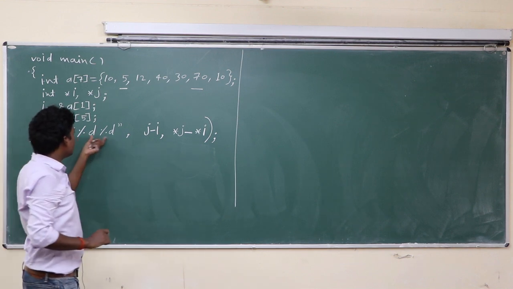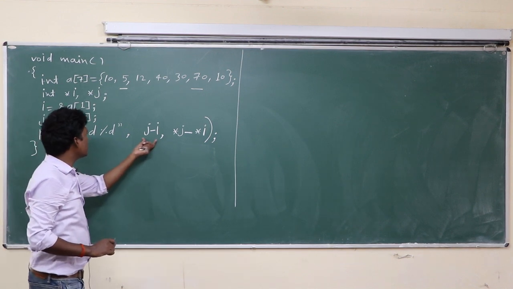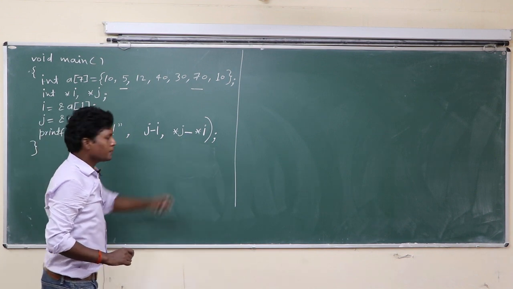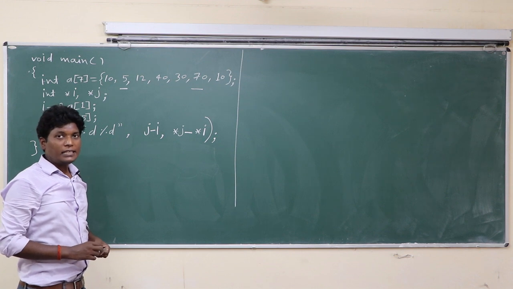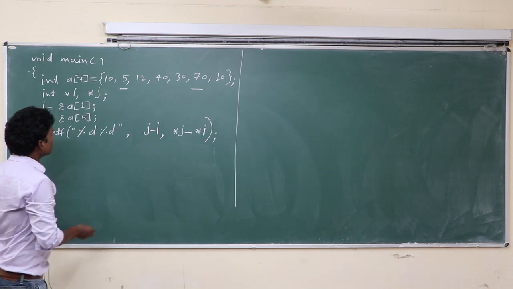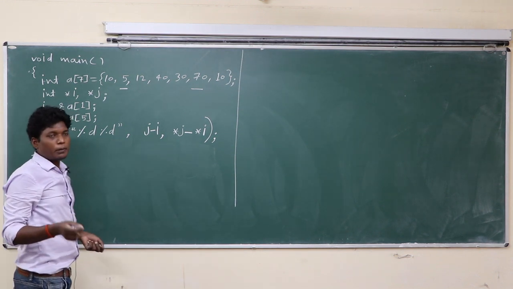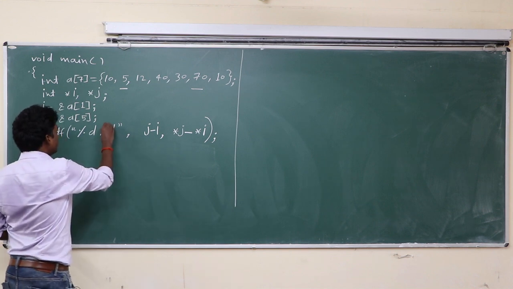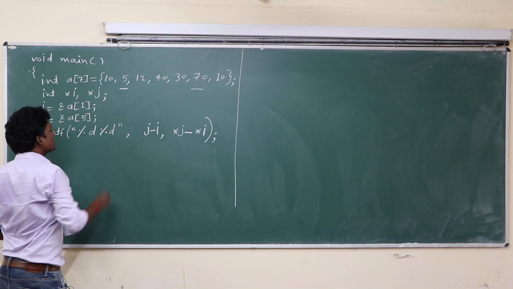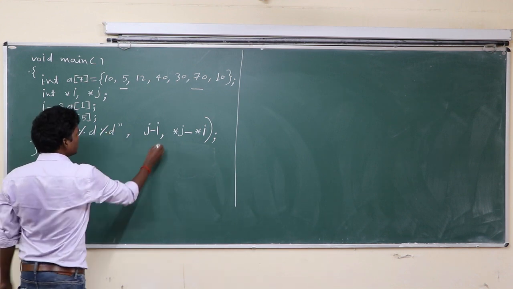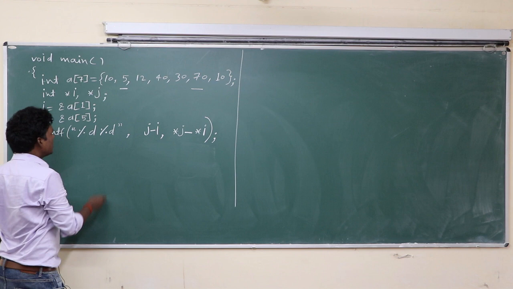Printf %d, this %d print this %d print this. %d always gives the signed decimal integer number. Okay class? %d is used for signed decimal integer number. So what will be the result?